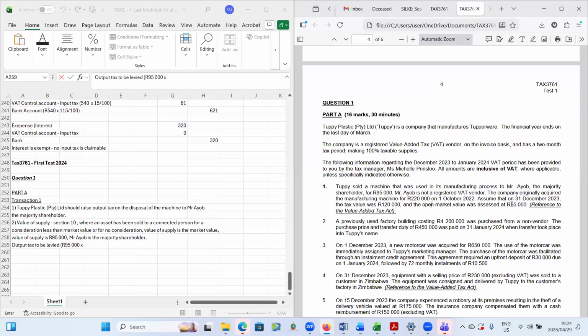That is the general rule for tax. So we multiply by 15 over 115. If you want to calculate the VAT portion on an amount which is including VAT, you must multiply that amount by 15/115. So somebody should do the calculation for me so that we are very quick.